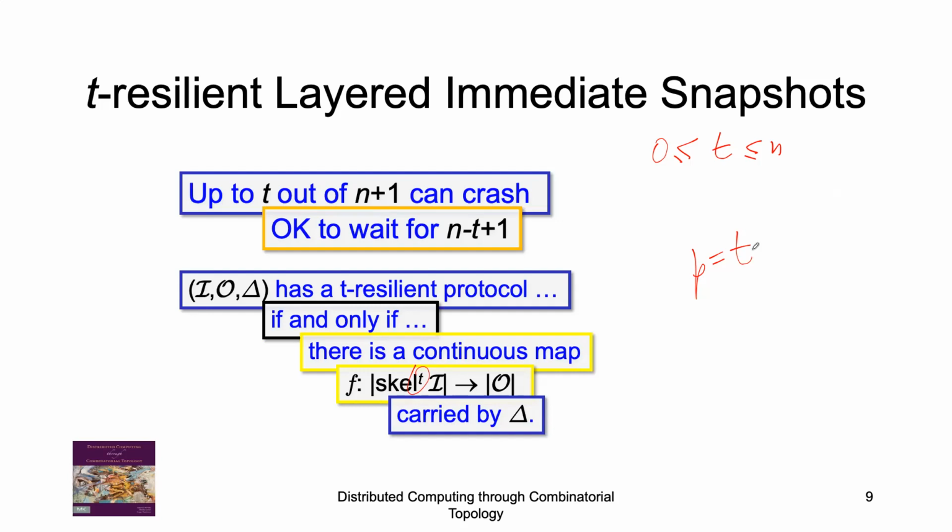Just a small question. What do you mean by a more powerful protocol there? Because as I understand, with n processes crashing, you have the skeleton of n of I. You need to have a continuous map from the skeleton of n, which is bigger or equal than any other t.